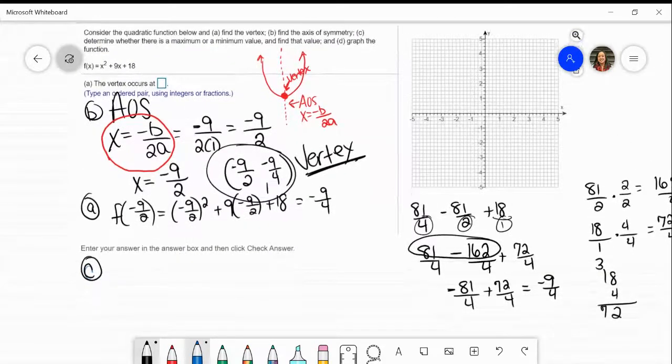Well, because my A here is positive, what that tells you is that my quadratic is going to open up. And anytime your quadratic opens up, that means that you will have a minimum value at your vertex.